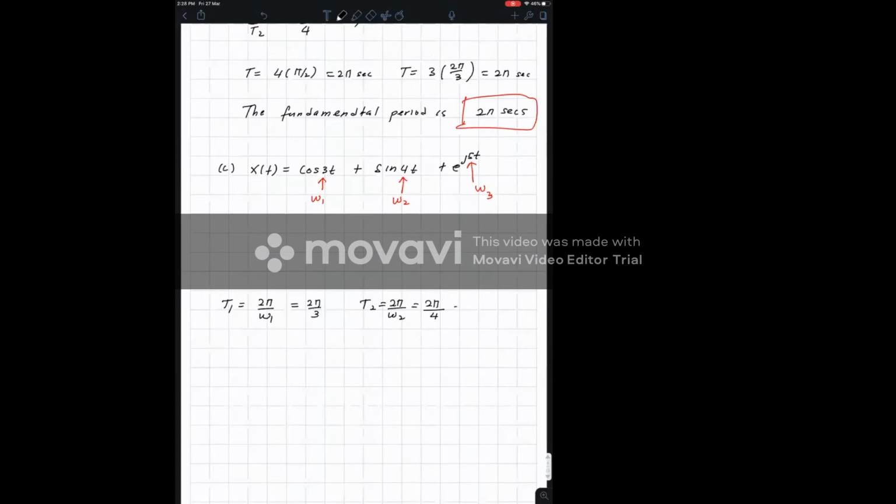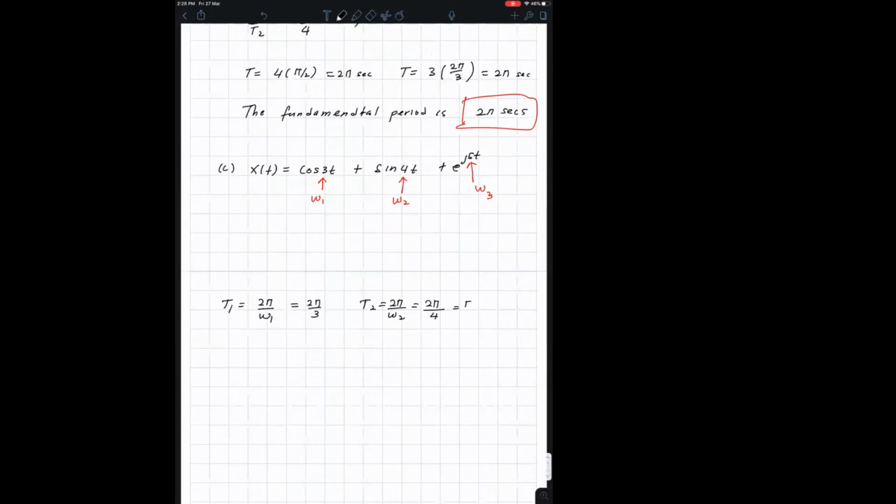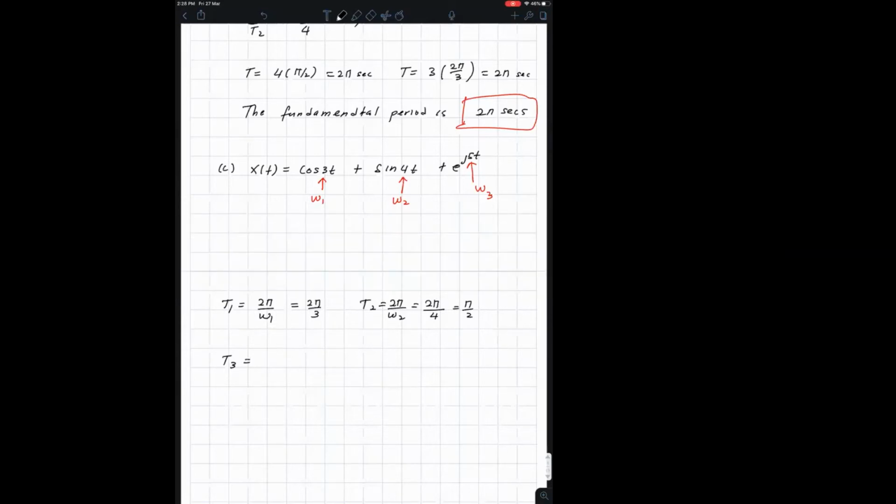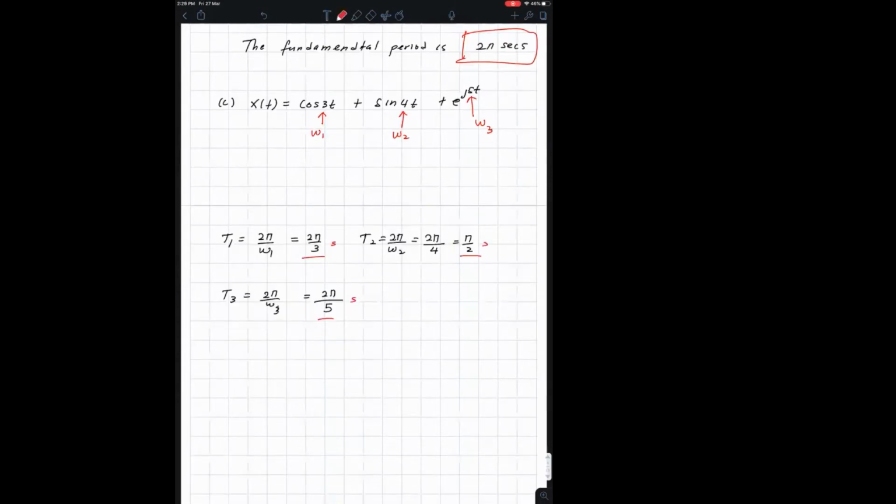T3 is going to be 2 pi over omega 3, which is 5. So we got three different periods. Periods are usually in seconds. So make sure, we have three different periods.